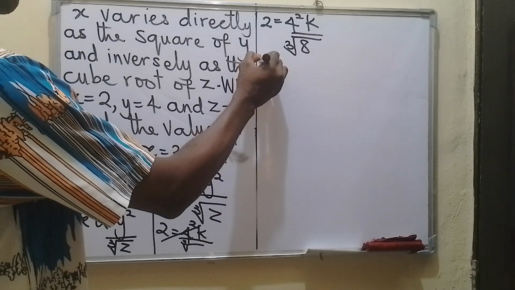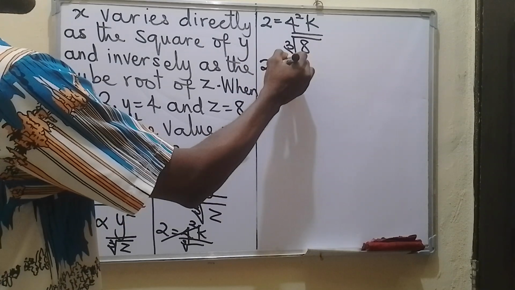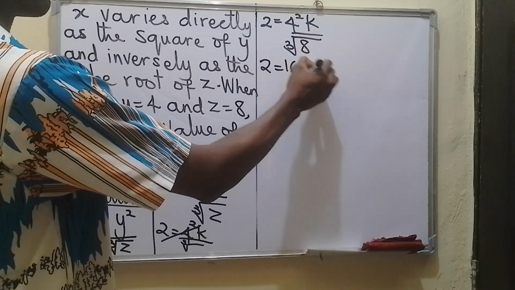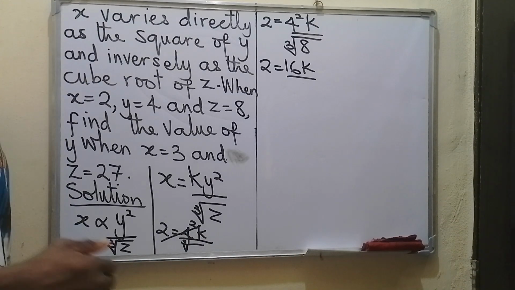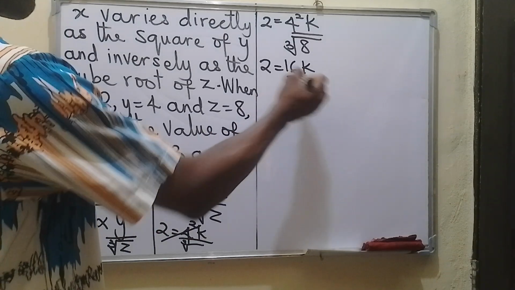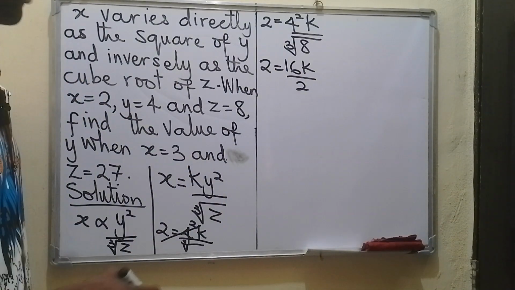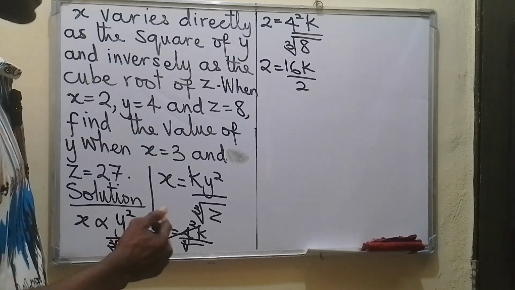So we will come to find k now. We say 2 is equal to 16k all over the cube root of 8. That is, what number times itself 3 times gives you 8? That is 2. The cube root of 8 is 2, because 2 times 2 times 2 gives us 8.